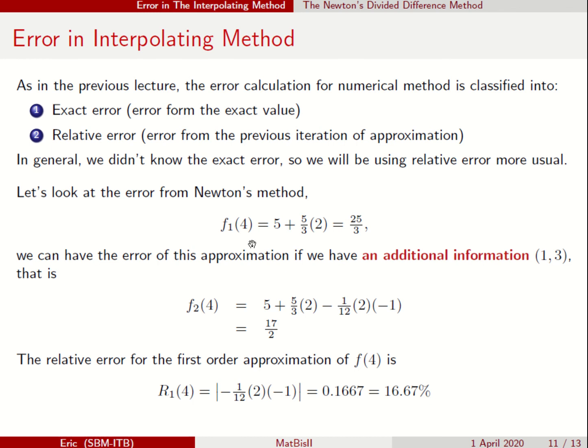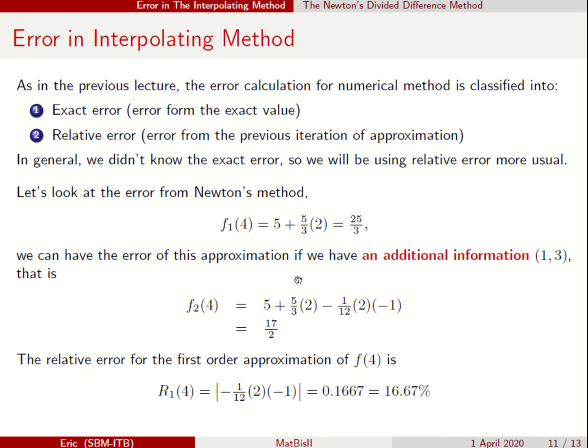So we are given by this. This is the first order approximation of Newton's method. I have 25/3. So the error of this approximation, if I have additional information, that is 1/3. But with the additional information 1/3, I can find the second order Newton's method, that is 17/2.